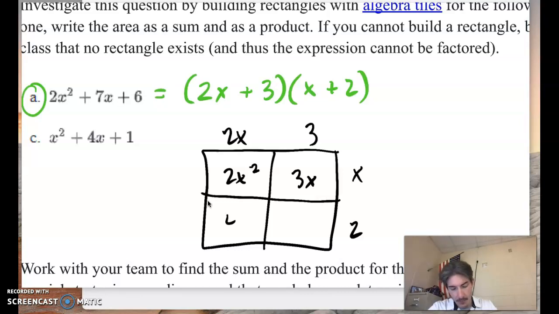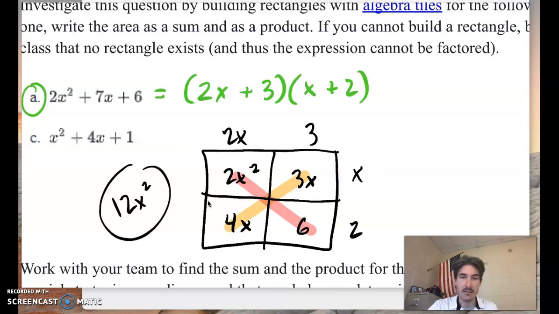This would be 4x, and this would be 6. Now here we go. Let's check these diagonals. What's 3x times 4x? What's 2x squared times 6? Did you figure it out? They're both 12x squared. Okay? So that's something that if we're factoring using this generic rectangle, we should be able to see pretty quickly and pretty easily.